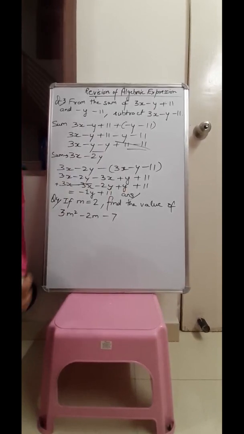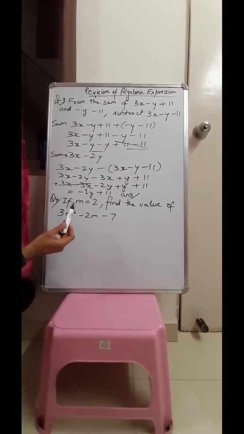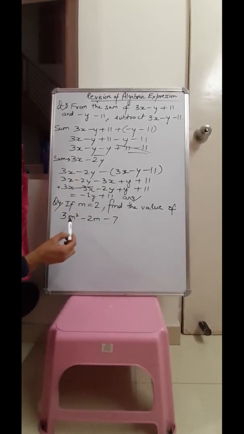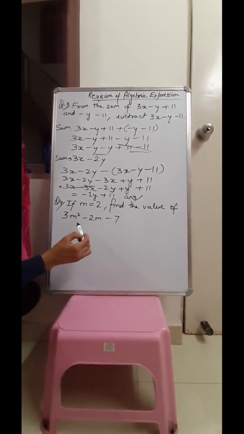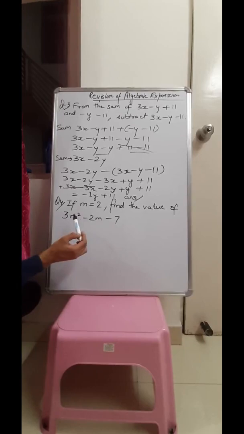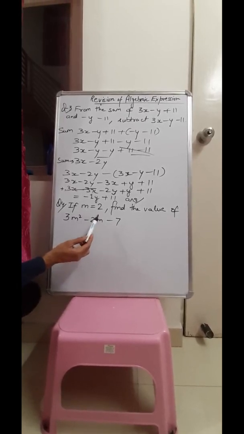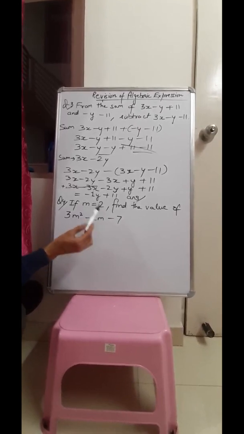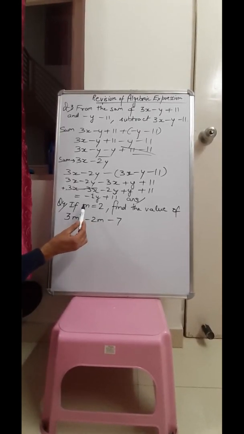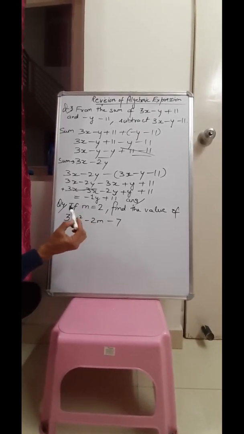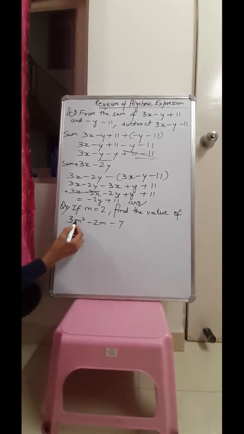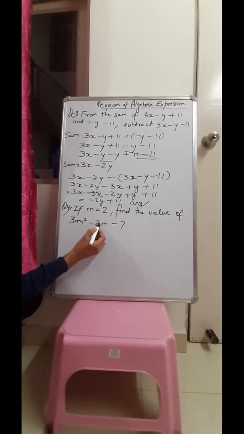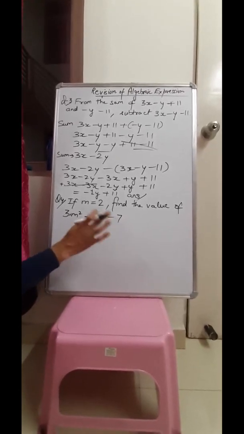So now question number 4 is, if m equals 2, find the value of this expression. Here we can see that in this expression there is a variable m, and m is equal to 2. That means in this variable we are going to put the value 2. The first term is 3m square, which means 3 multiplied by m square, minus 2m means 2 multiplied by m, and minus 7 is a constant.